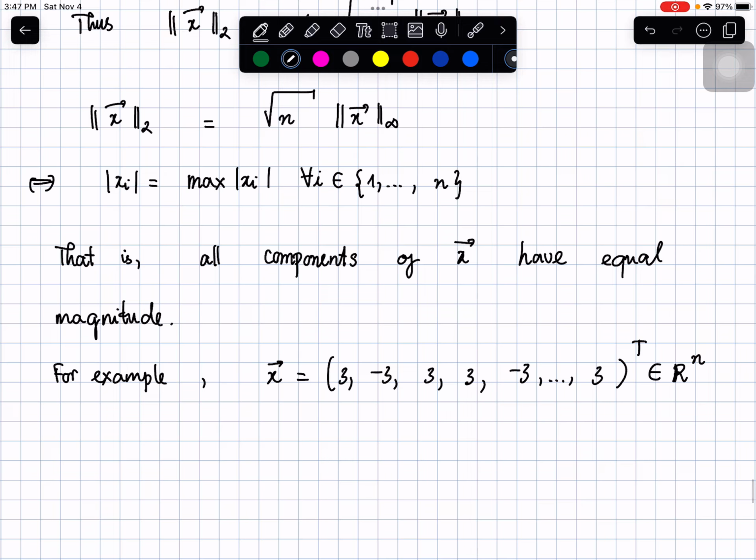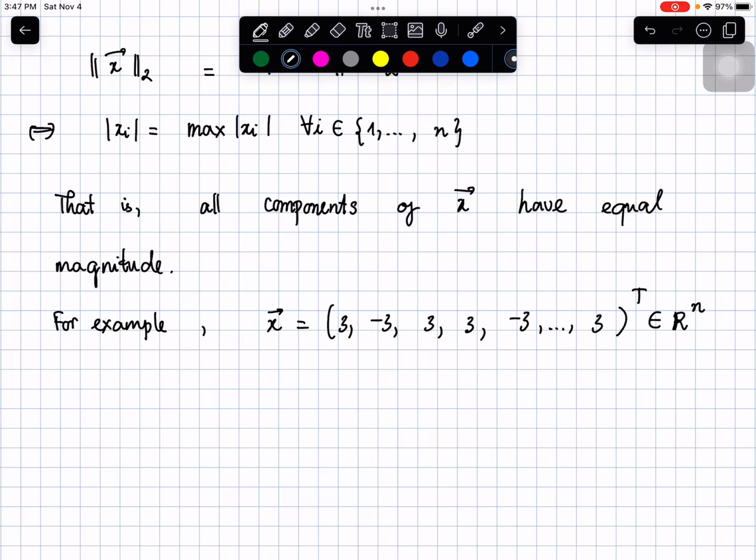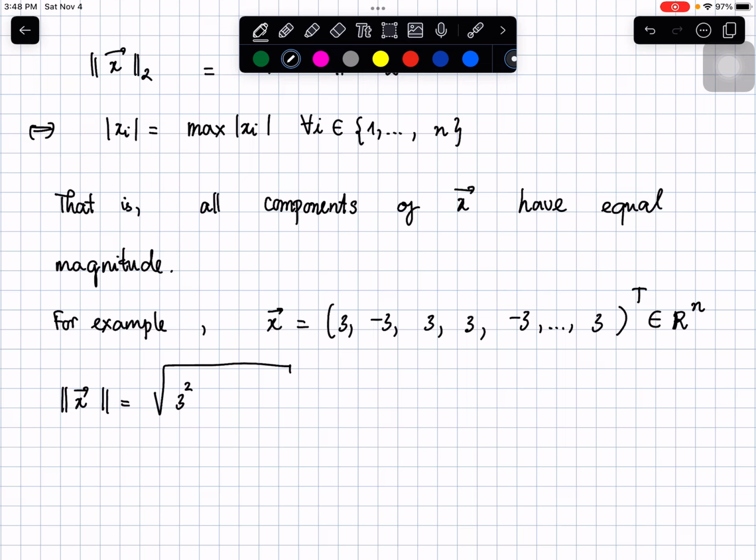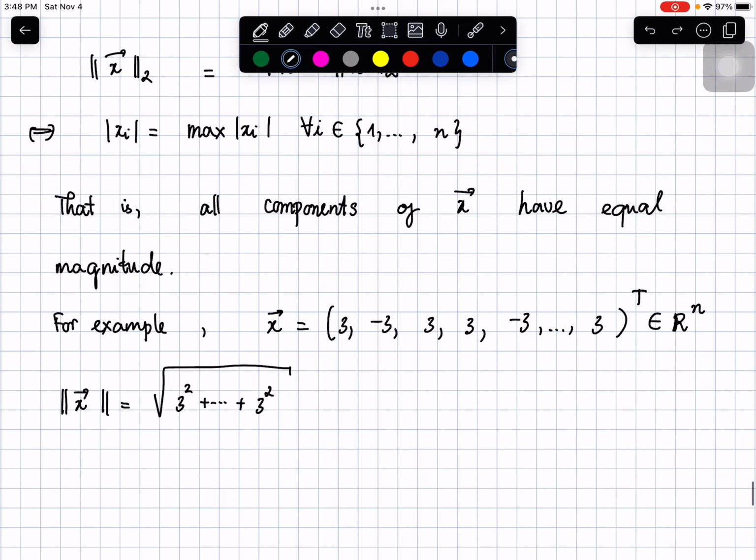Take the transpose for a column vector. So we have norm 2 of x is the square root of 3 squared plus 3 squared plus 3 squared, right? Or minus 3 squared, but it's still equal to 3 squared. And it is the same as the square root of n times 3 squared, right?